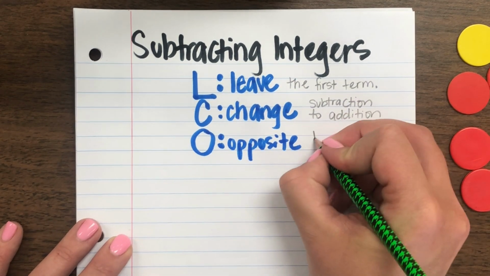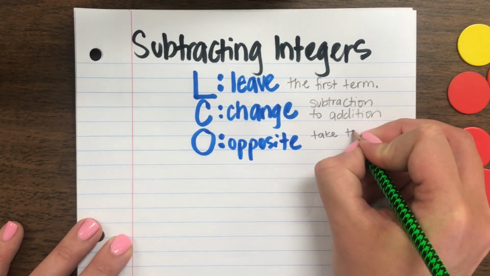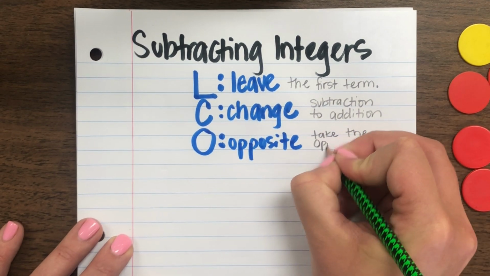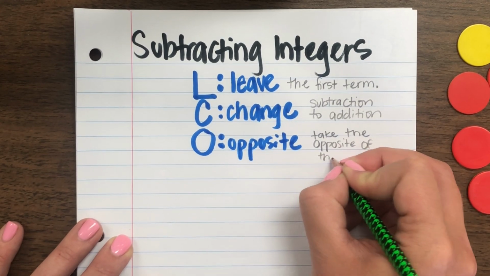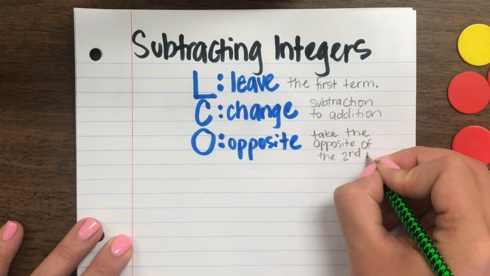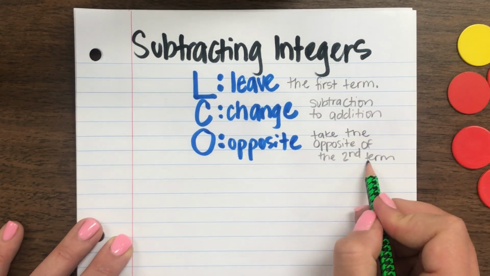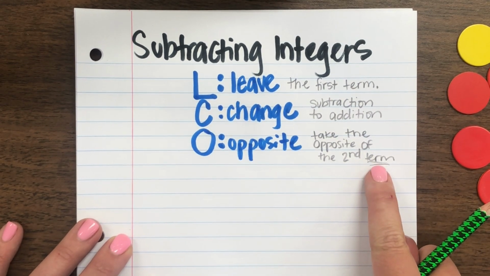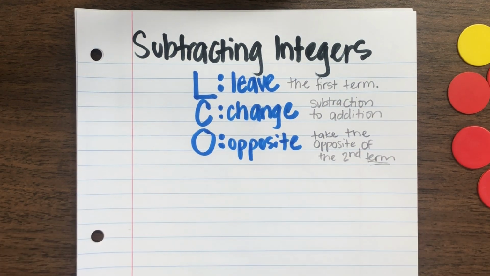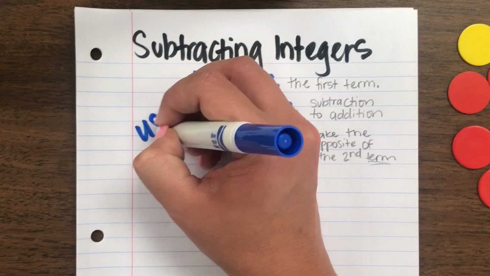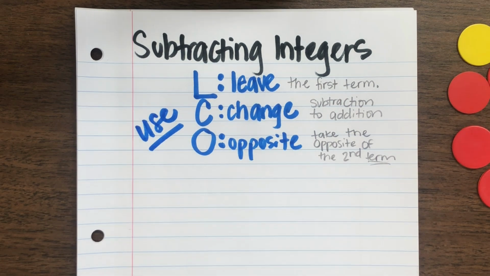And then O stands for opposite. We're going to take the opposite of the second term. Notice I'm not putting number because eventually there's going to be a variable on that term. So I'm not just putting number, right? I'm going to put term. And I'm just going to put that every time that we are subtracting integers, we're going to use LCO.